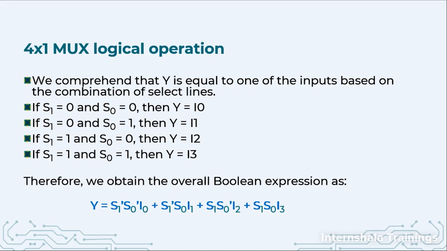For I2 it is 1, 0, that means S1 will be normal and S0 will have bar, and for I3 it is 1, 1, that means S1 and S0. So now I have this expression. You can go to data flow modeling and simply implement this, it will work.